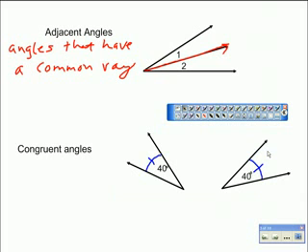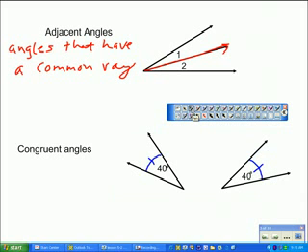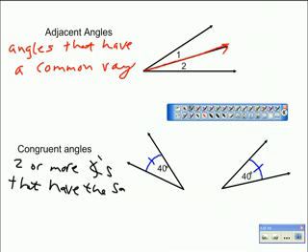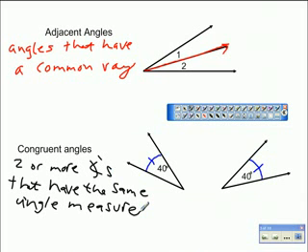Congruent angles. Congruent angles are two or more angles that have the same angle measure. So the measure of their angles, which is a number, is equal.